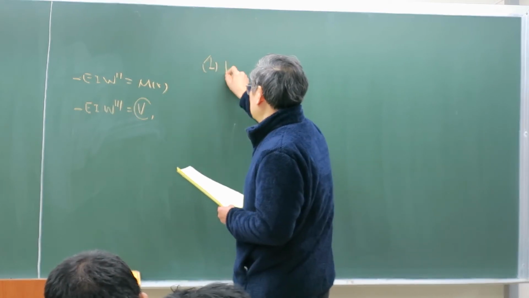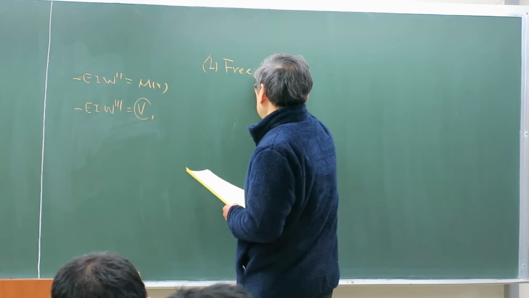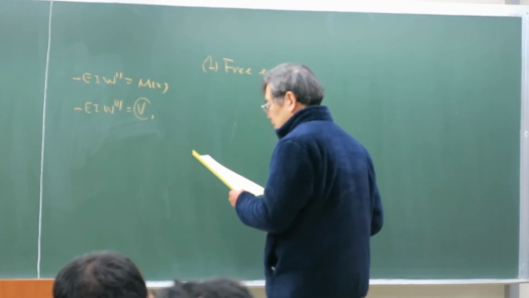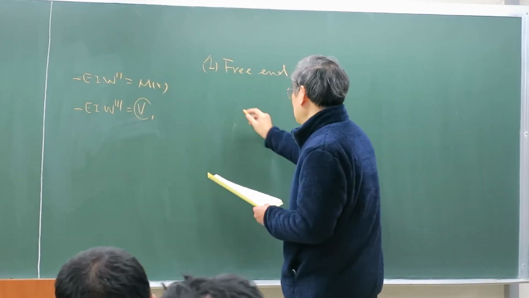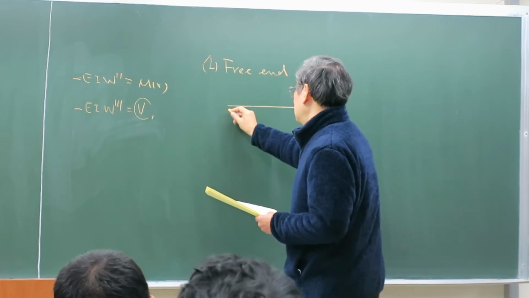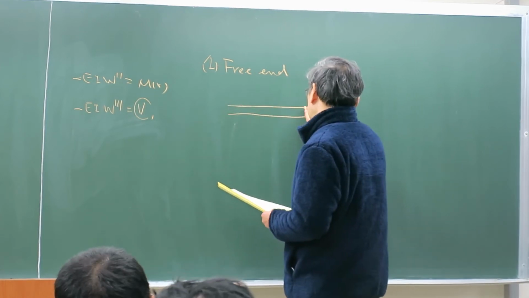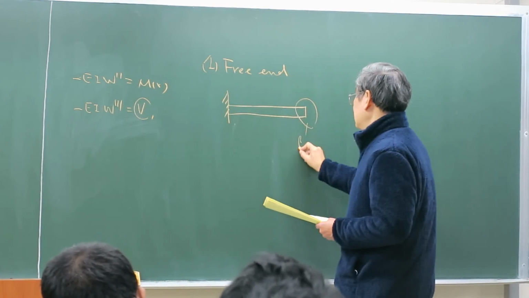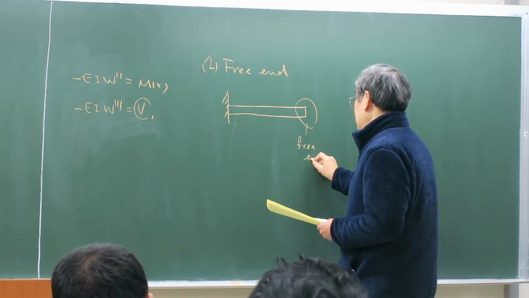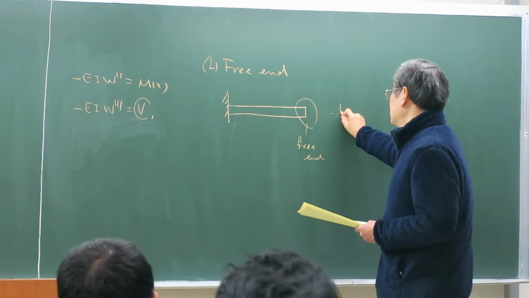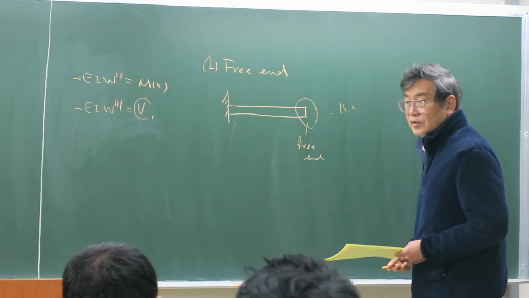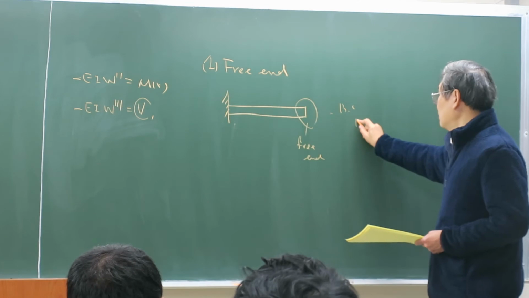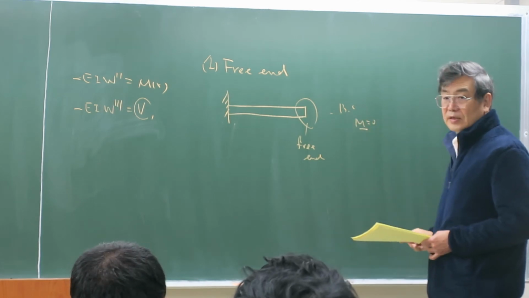First one is what we call the free end. Free end. Okay. For example, this is a free end. So what is the boundary condition? Boundary condition is moment equal to 0, right?